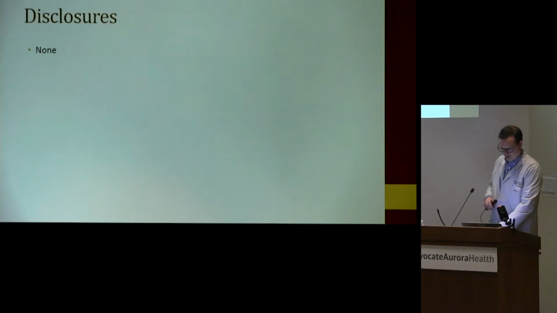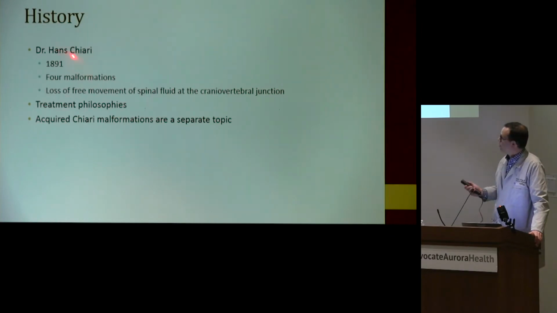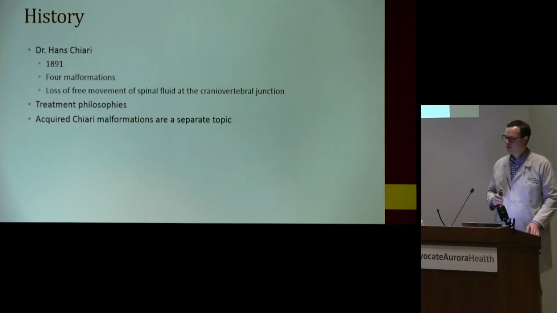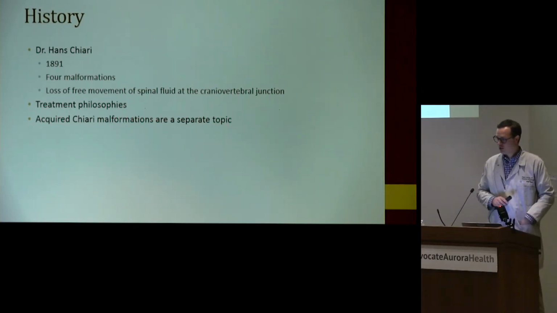Objectives for today, I have no disclosures. So Chiari has a pretty long history in the medical field. I think it was actually first probably diagnosed a little bit before this, but Dr. Hans Chiari was the first person to name it and categorize it in 1891. And the basic issue with any type of Chiari malformation is that there's an impairment of CSF flow around the craniovertebral junction, or the junction between the head and the neck.